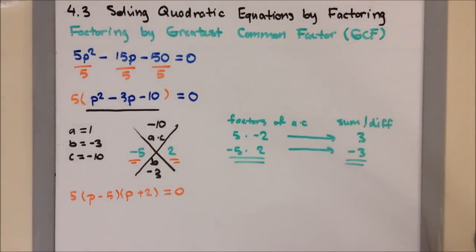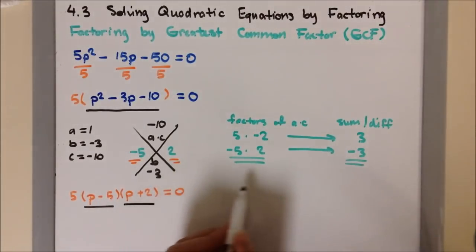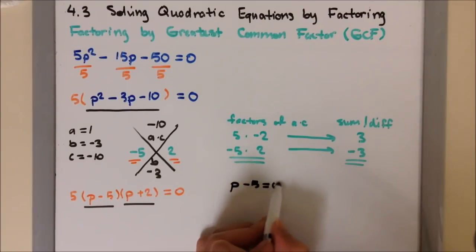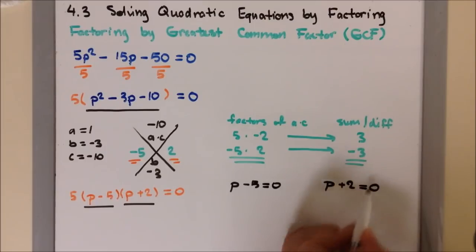And again, we're going to skip checking our factors with FOIL or box method, but I highly recommend that you do it on your work. So what we're going to do is set the factors with the p variable equal to 0. So p minus 5 equal to 0, p plus 2 equal to 0.